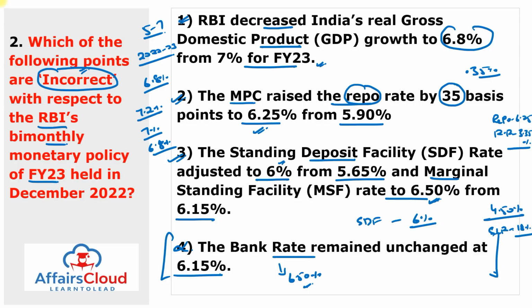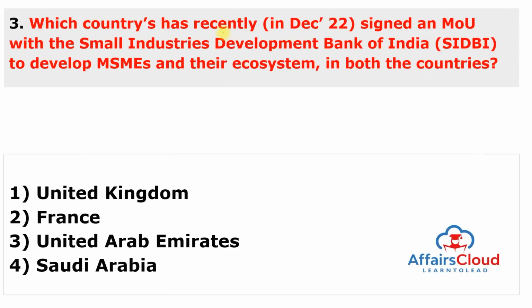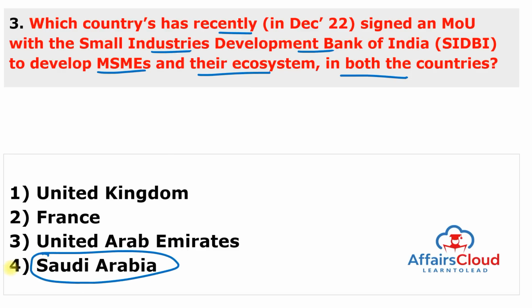Moving to next question. Which country has recently signed an MOU or Memorandum of Understanding with the Small Industries Development Bank of India to develop MSMEs and their ecosystem in both the countries? And this country is Saudi Arabia. So answer of this question is 4.